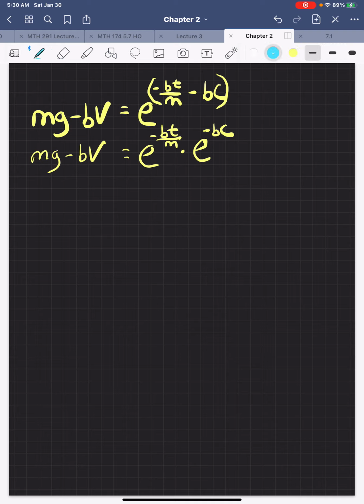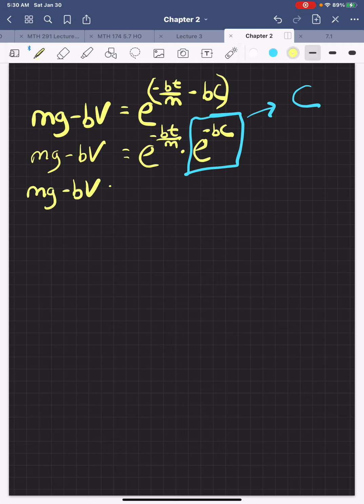Okay, so all of this is just some unknown constant. So we're going to let that be represented by C. Now, in time, you can start to shorten the amount of steps that you need to solve this.